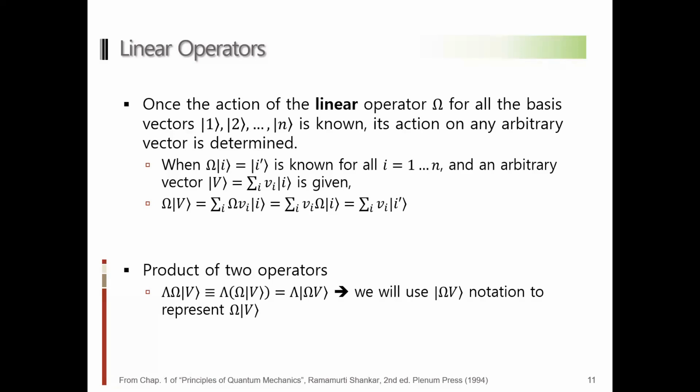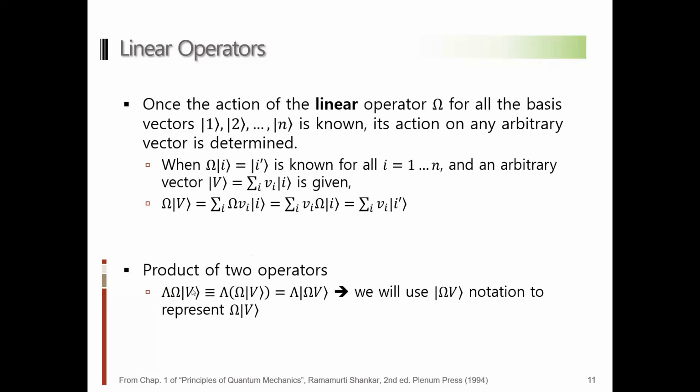When you are given operators lambda and omega, and we define lambda multiplied by omega, what do we mean by multiplying those two operators? The answer is simple. That's why I use the symbol for definition.